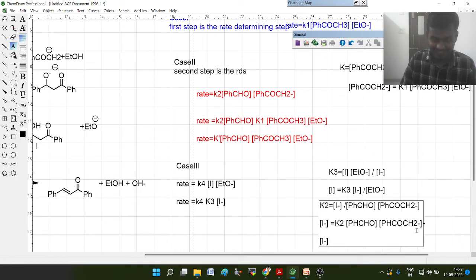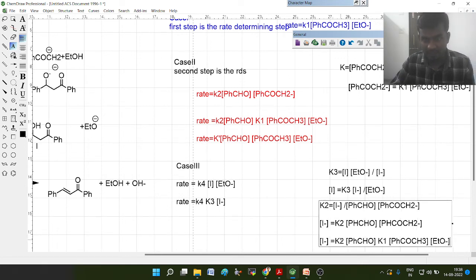I'm solving in front of you, so basically I'm doing it on my own. This hydrogen should be a small letter. Then PhCHO will be as it is. In place of PhCOCH2 minus, I am writing this: K1 into PhCOCH3 multiplied by EtO minus.